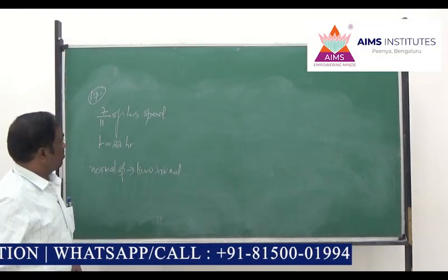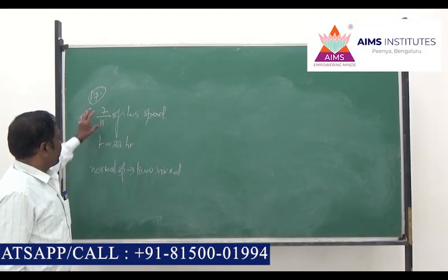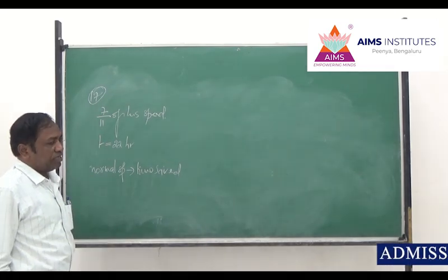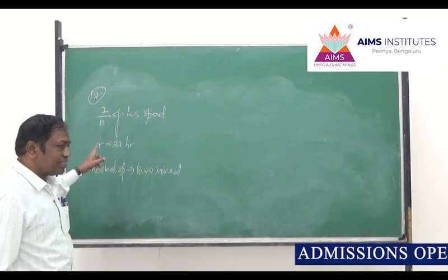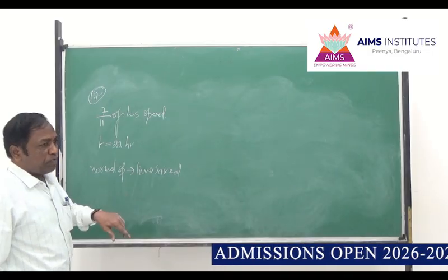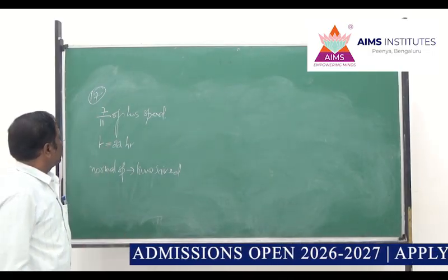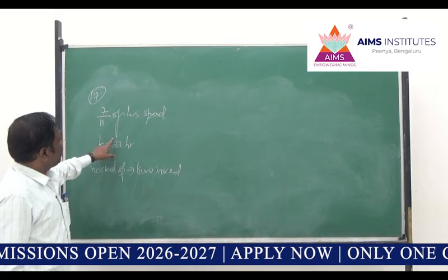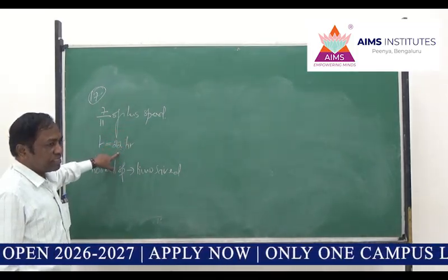Now you can see 7 by 11, this is a proper fraction, always less than 1. Any proper fraction is less than 1. Any improper fraction is more than 1. It means at 7 by 11 speed he has taken more time. If he goes with the normal speed, it takes lesser time.